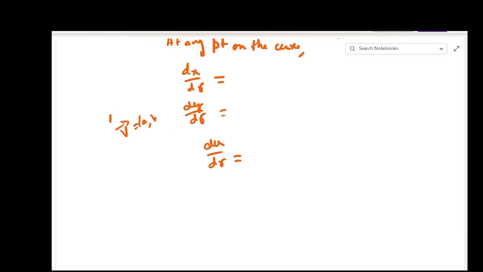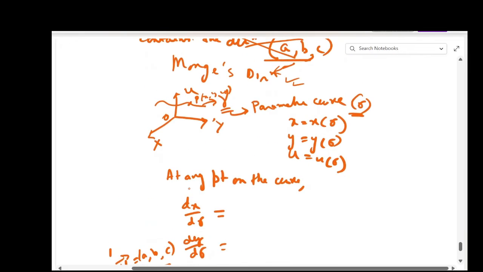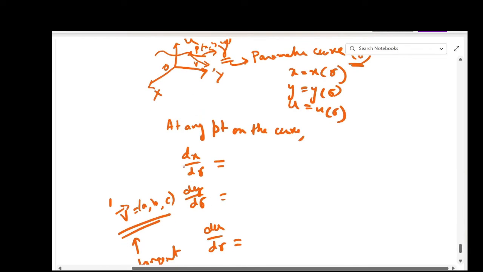And if we consider the tangent direction, then they are given by A, B, C. Now, suppose this is the curve, drawn in such a way that V is a tangent to the surface. Then the direction ratios of the tangent can be given again by dx/dsigma, dy/dsigma, du/dsigma as three components.